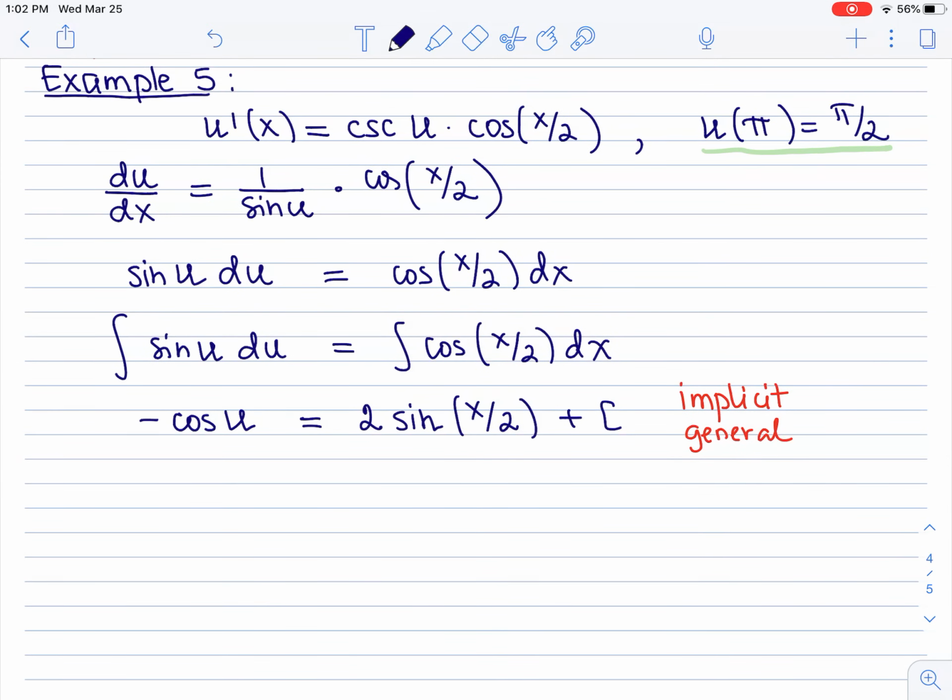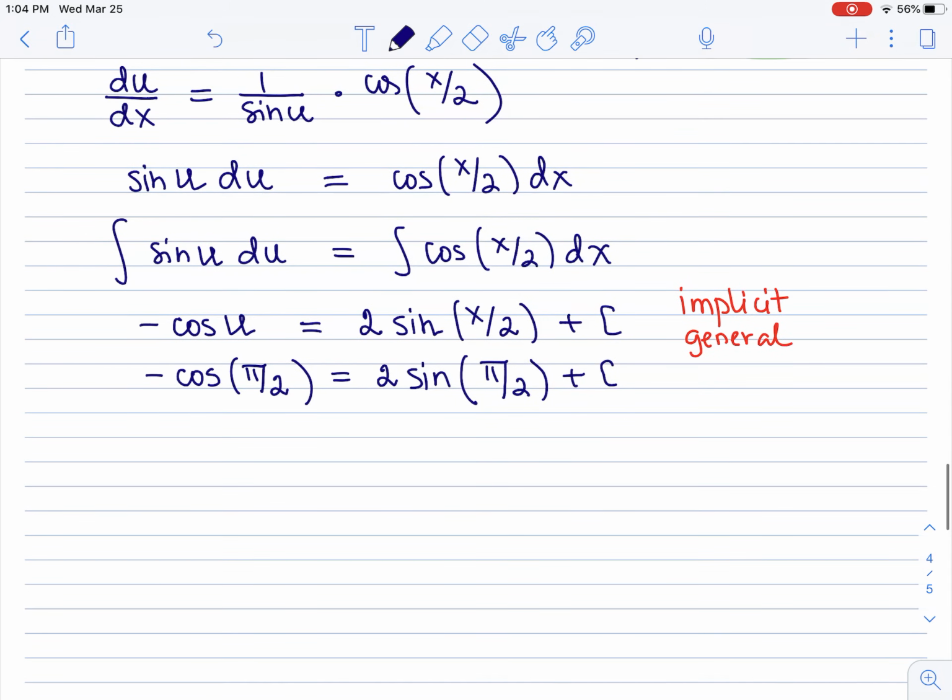So negative cosine, u of pi is pi over 2, so pi over 2 goes here, is equal to 2 sine, and x is equal to pi, so pi over 2, plus c. Negative cosine of pi over 2 is 0. Sine of pi over 2 is 1.